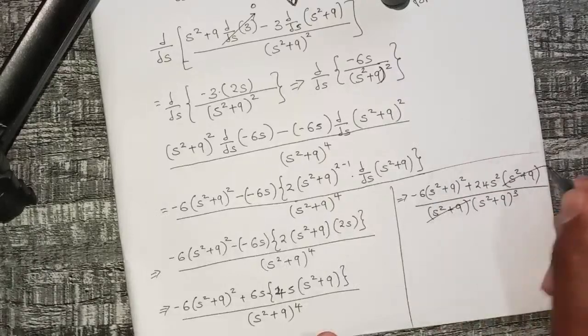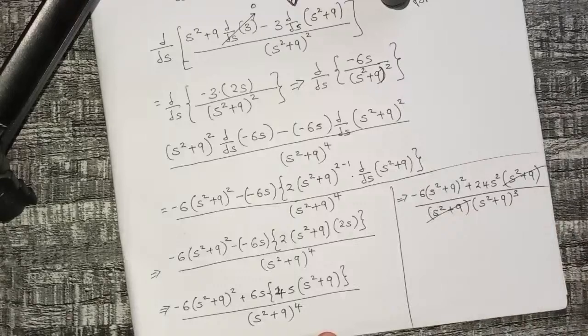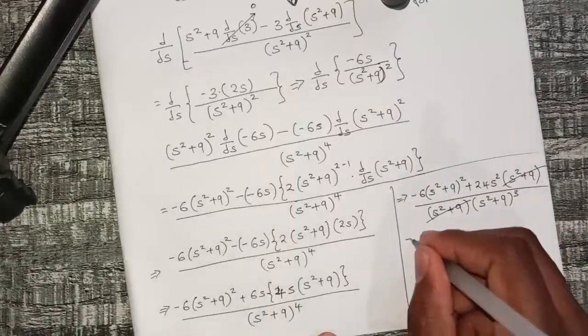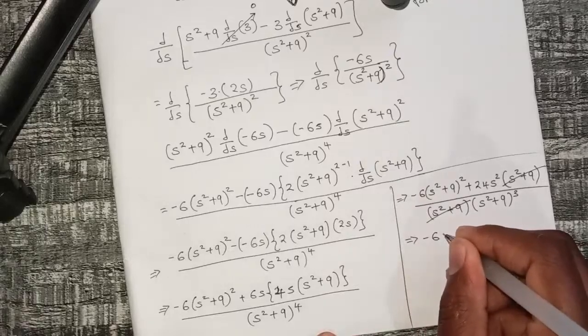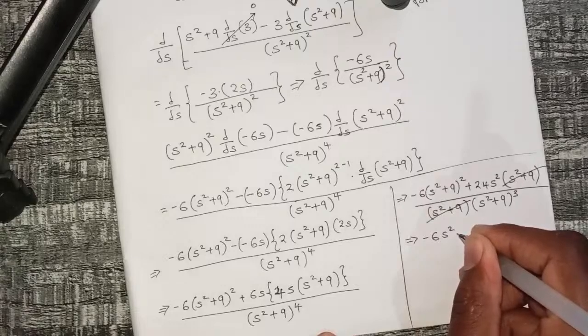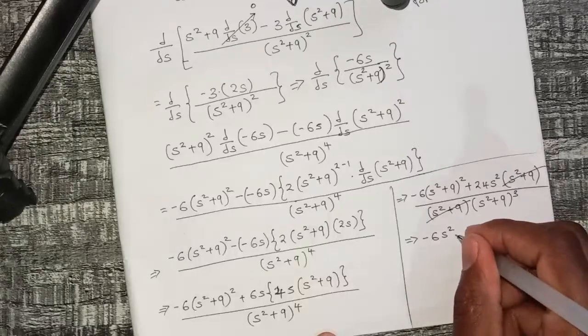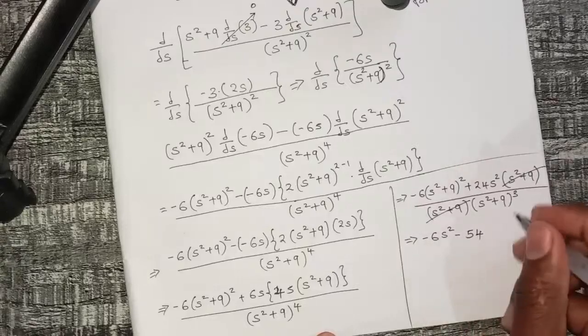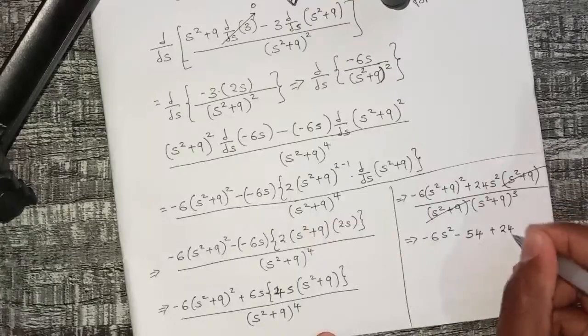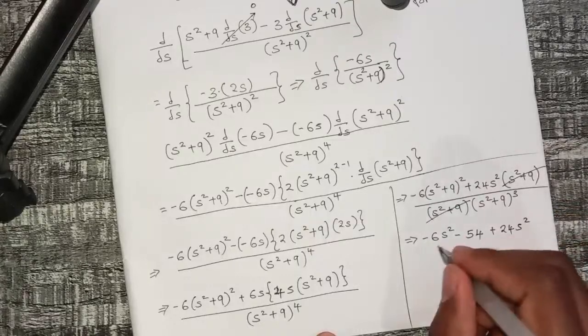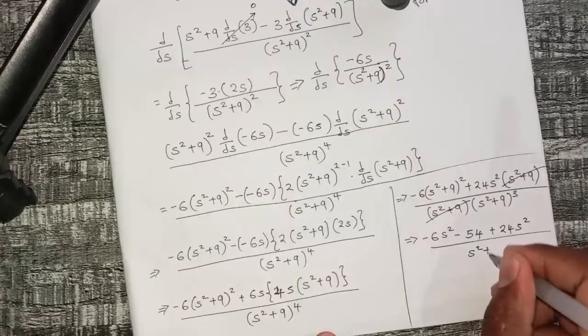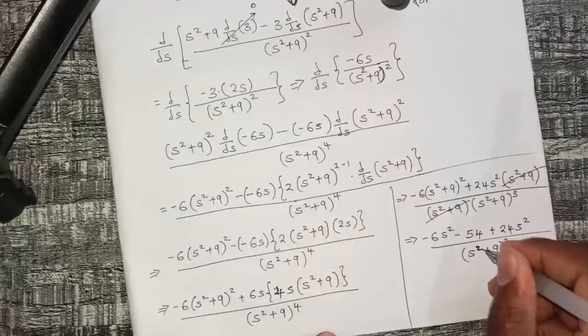So this one and this one will cancel out, and now after simplifying that, we remain with minus 6s squared minus 54 plus 24s squared, everything divided by s squared plus 9 cubed.